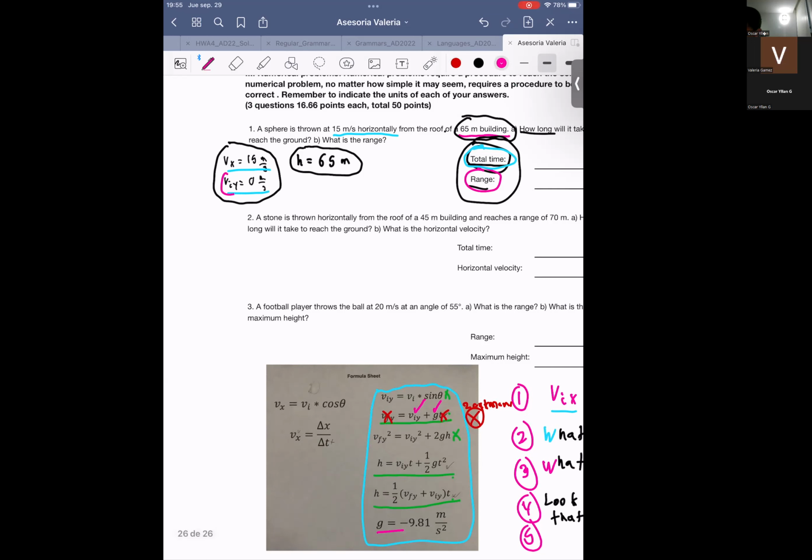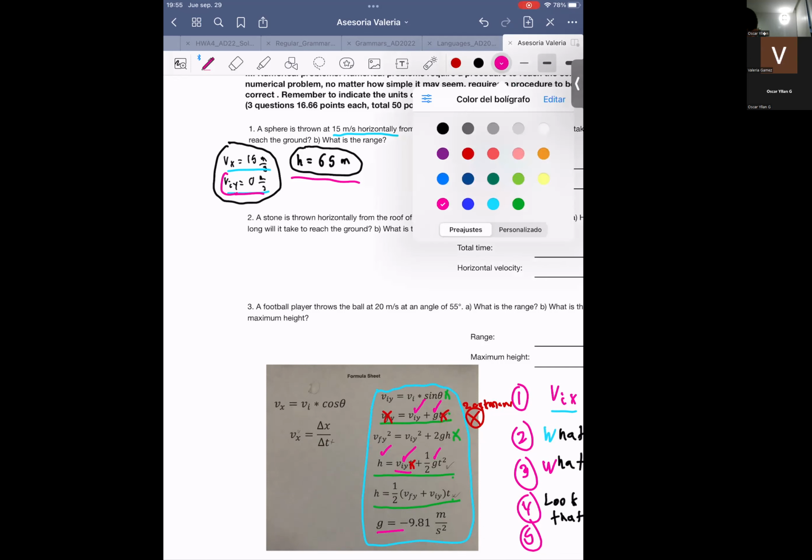Do we have the height? Yes. Do we have the original velocity in y? Yes. Perfect. Do we have the g? Yes. The only one that we don't have is the t, right? So basically one unknown, one equation.